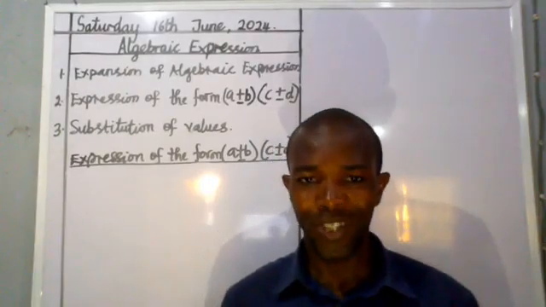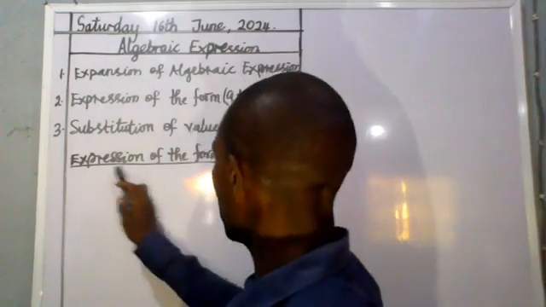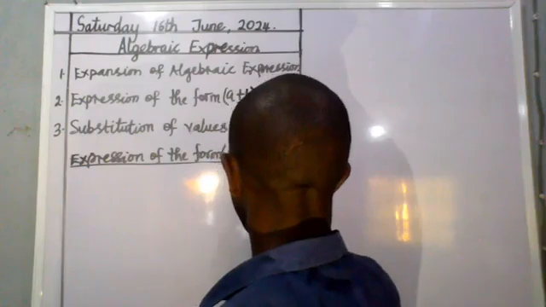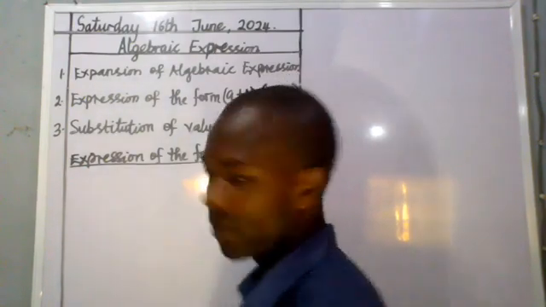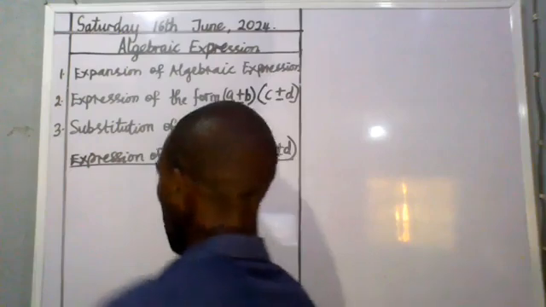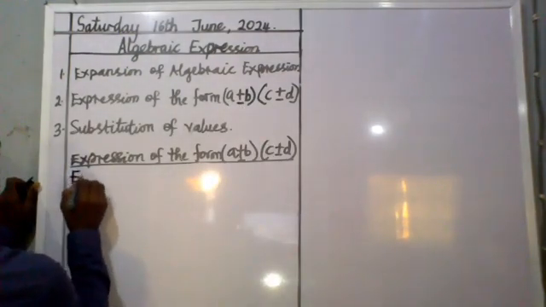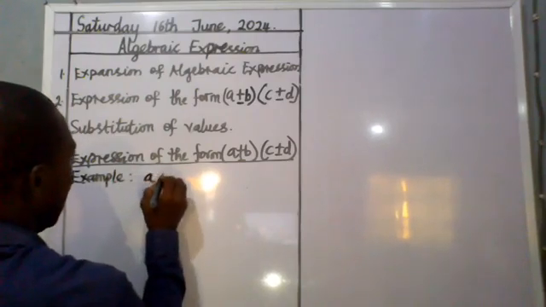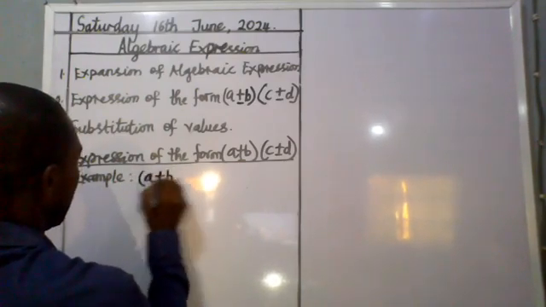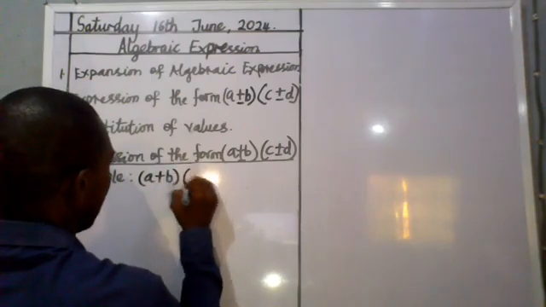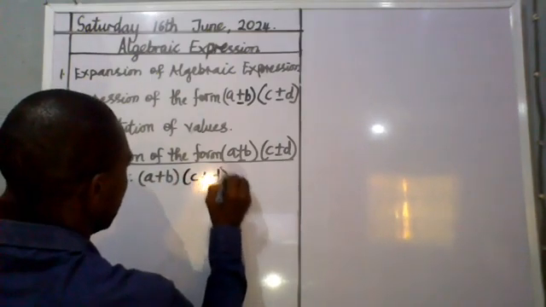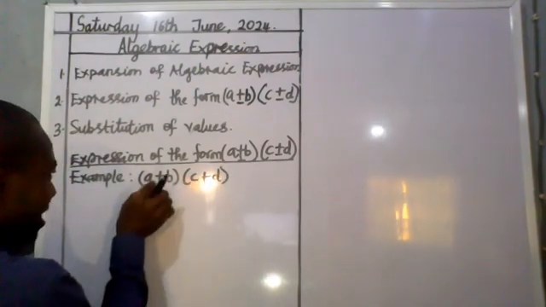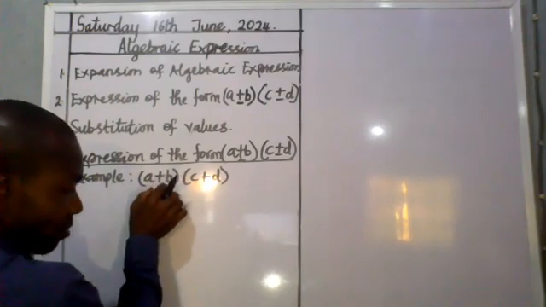Now, let's go to the next one. The next one is expression of the form bracket A plus or minus B multiplied by bracket C plus or minus D. Now, let's look at this example. A plus B bracket multiplied by C plus D. So it means that I'm going to multiply C plus D by each of these variables.